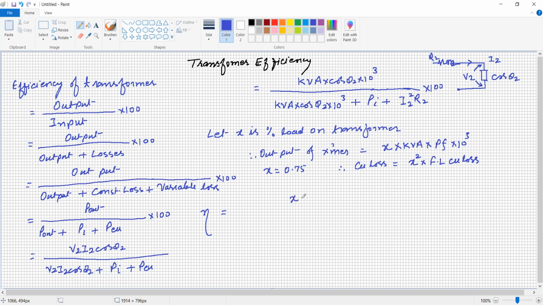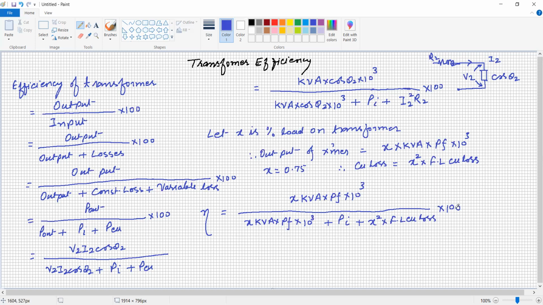Okay. So in general, we can write the efficiency of the transformer as X kVA multiplied by power factor into 10 raised to 3, which is the output of the transformer, divided by X kVA into power factor into 10 raised to 3 plus the iron loss, which remains constant, plus X square multiplied by the full load Cu loss, all multiplied by 100. This is the percentage efficiency at any desired value of power factor as well as percentage load.